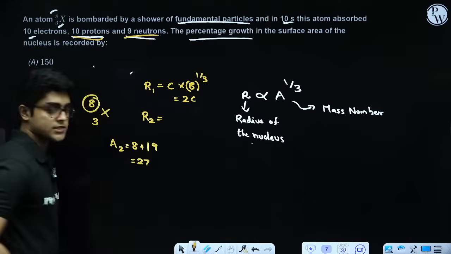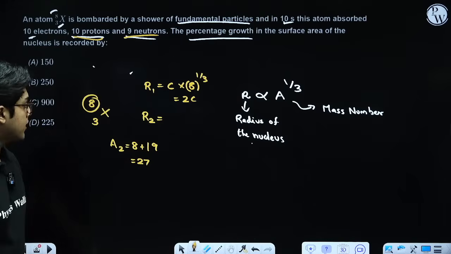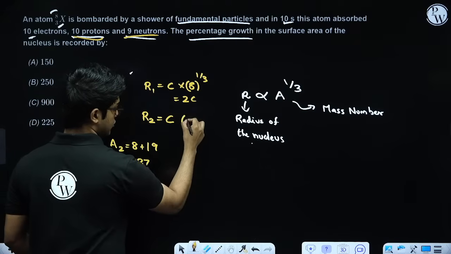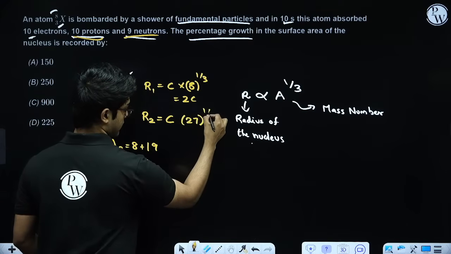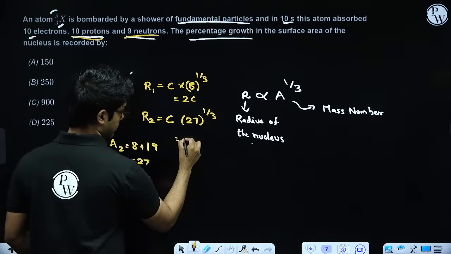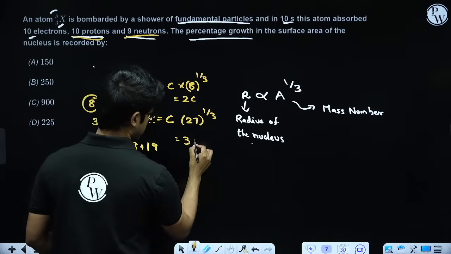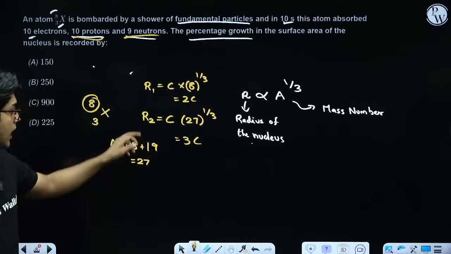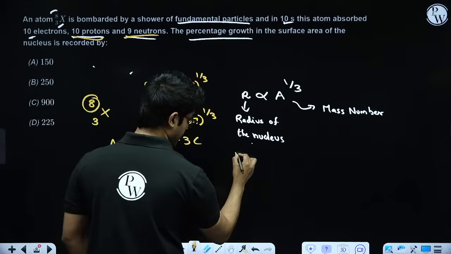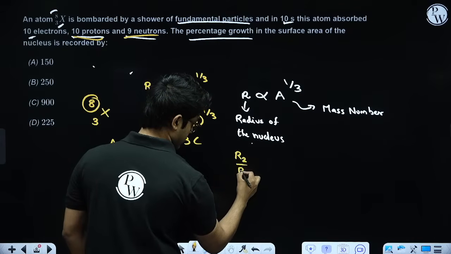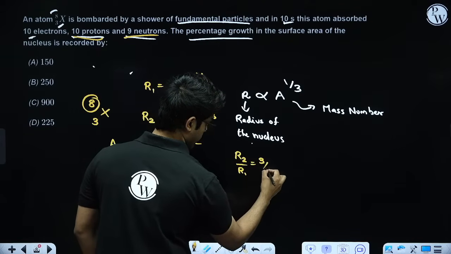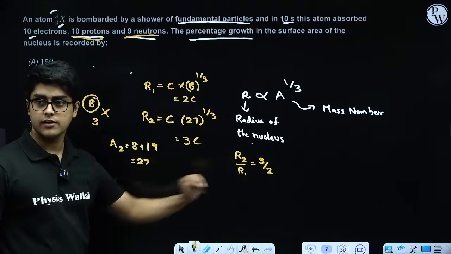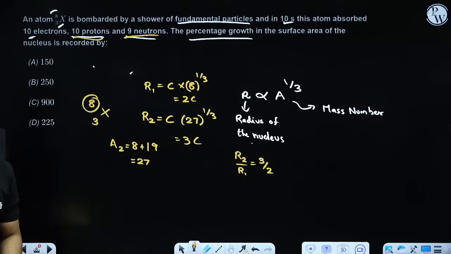This 27 is the new mass number, so the new radius will be the same constant C times 27 to the power 1 by 3, and this will be 3C. I hope the radii are clear. So R2 by R1 will be 3 by 2. The final radius divided by the initial radius is 3 divided by 2.